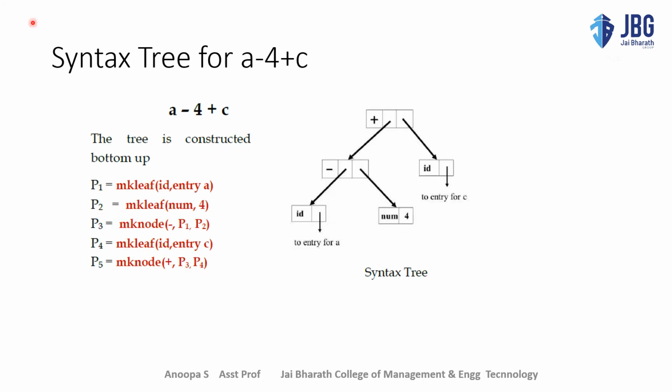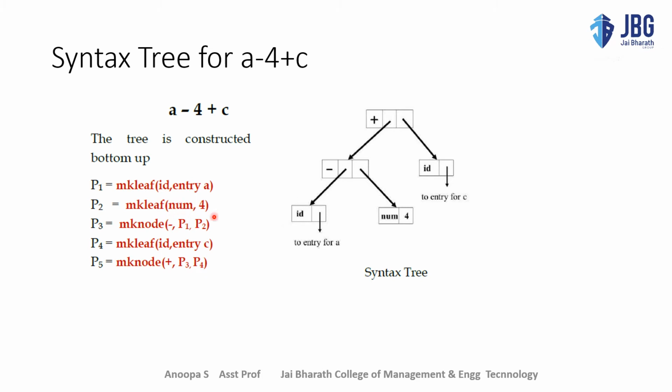So this is an example of a syntax tree for the expression a minus 4 plus c. It is always constructed from bottom up. So first a will be created, then 4, then c, then operations will be performed. First p1 is make leaf id comma entry of a. It will create a node id with pointer to symbol table, that is to the entry for a. Then make leaf num comma 4.